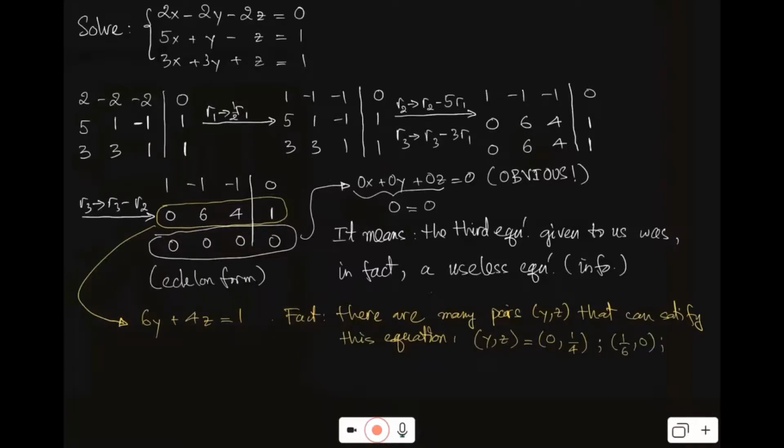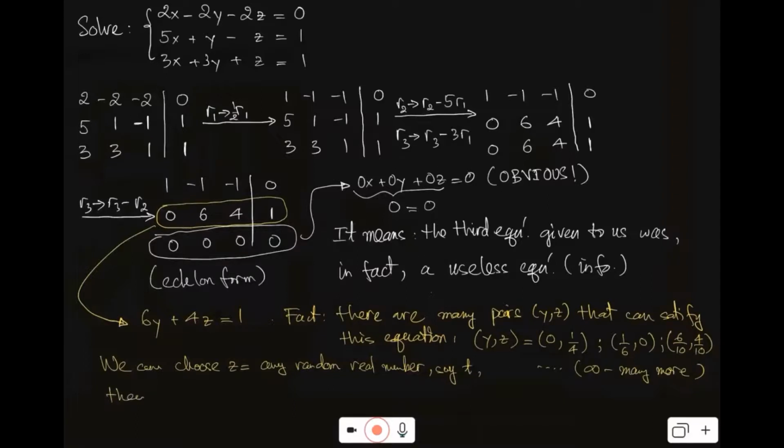You can consider 6/10 and 4/10, that's another solution. There are infinitely many. Why do I say infinitely many? That is because you can start choosing z to be any random number. Say t, right?